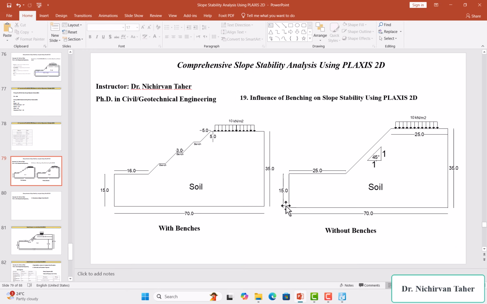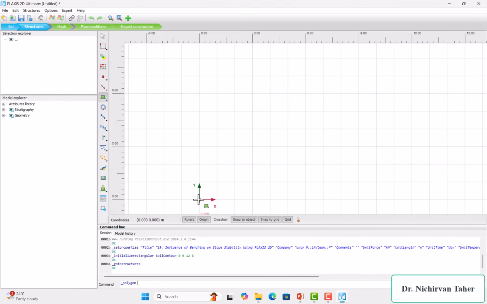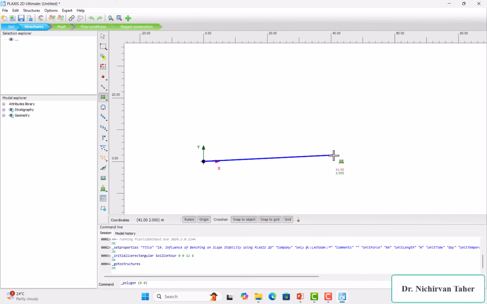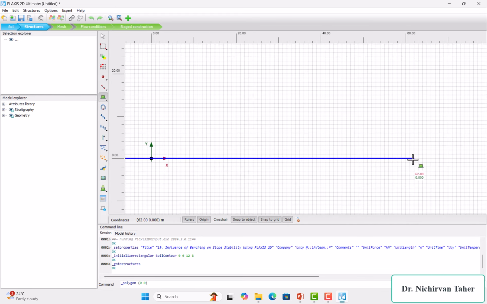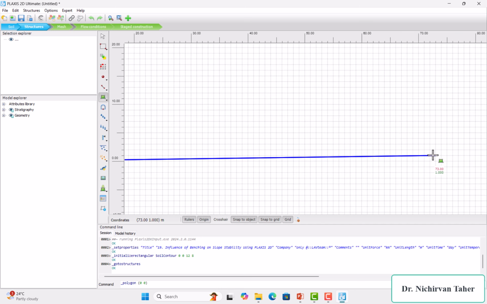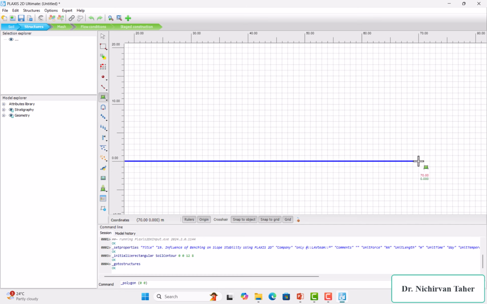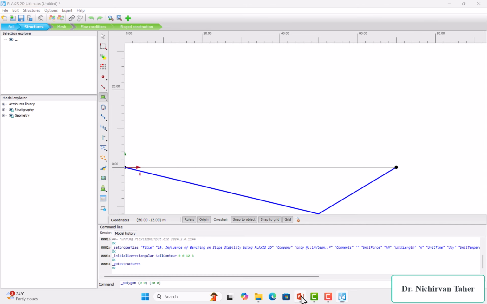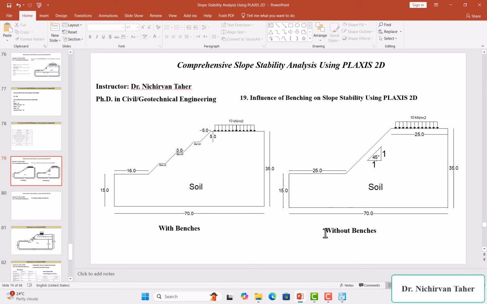So we will start from this point, and we assume this point is the 0, 0 coordinate, and I will start from here to 70 meters in X direction. So I start from here 0, 0 and 70 by 0, this point, and after that we have 35.